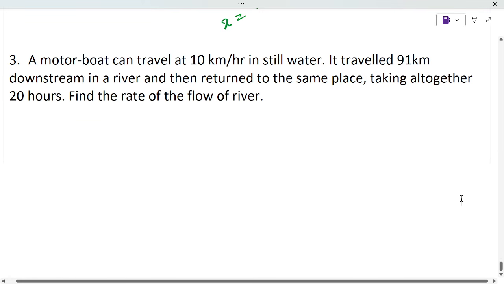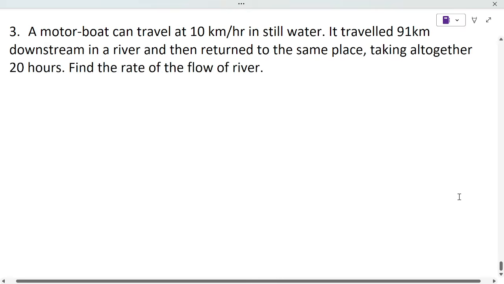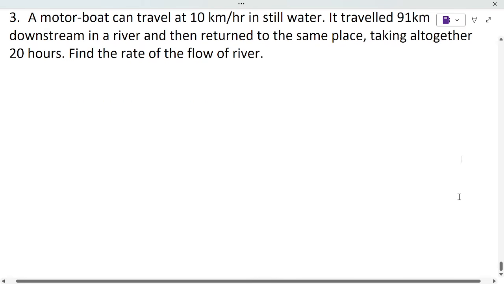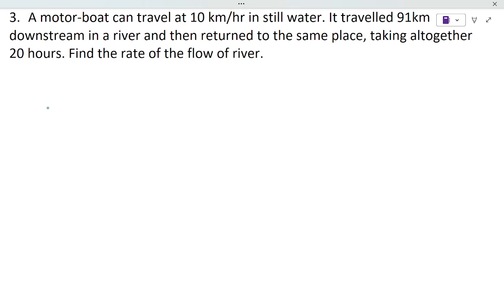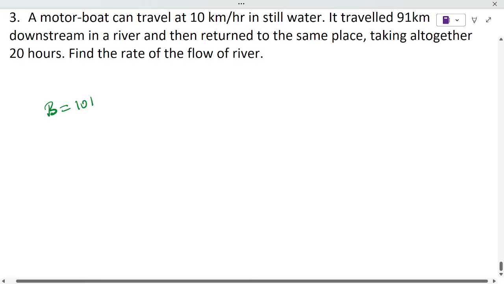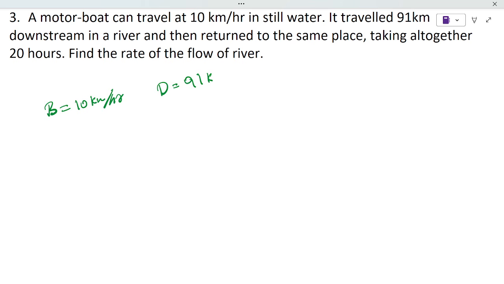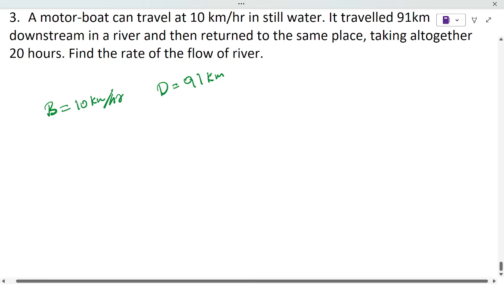The speed of the boat is given as 10 km per hour. Distance is given as 91 km. Because it goes downstream and comes back the same way, that means 91 km going and 91 km coming back.